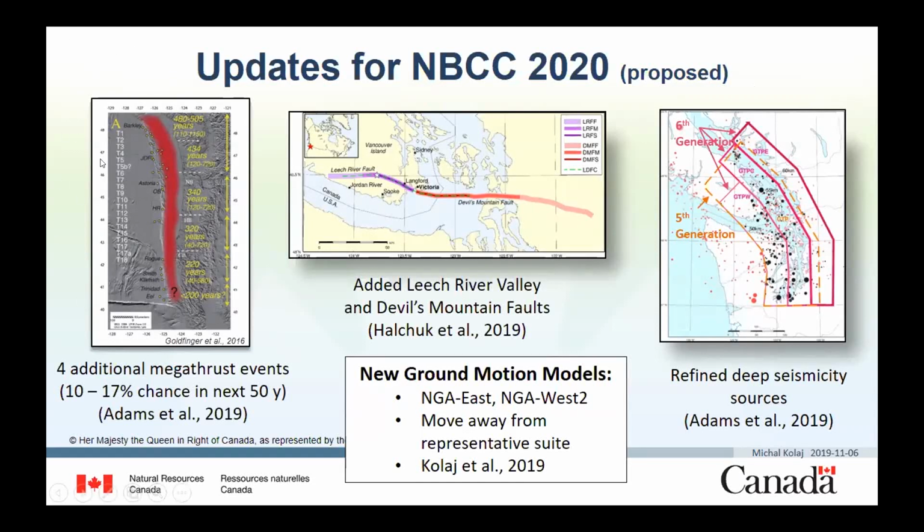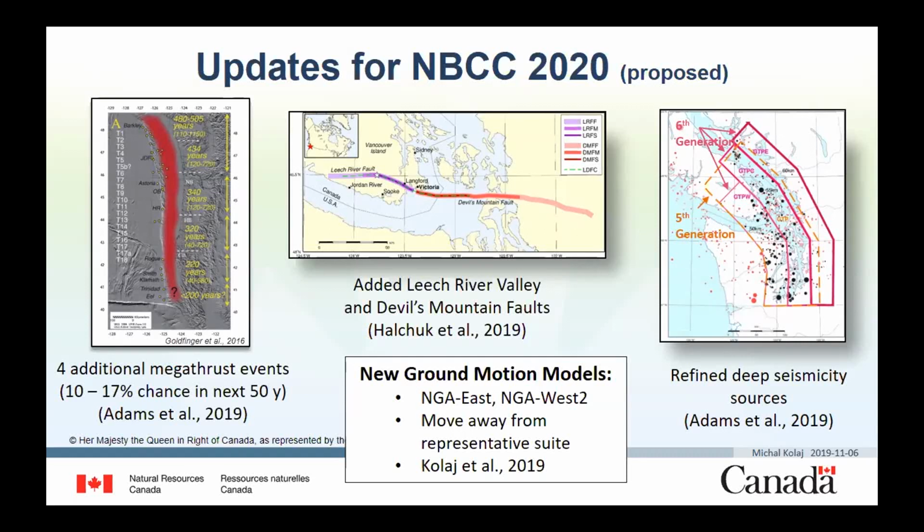This is the work of Goldfinger in 2016, a marine geology paper. He looks at paleoseismology to estimate how often these large megathrust earthquakes occur. His latest work, and our interpretation of it, suggests there have been more of these in the last 10,000 years than we previously thought.